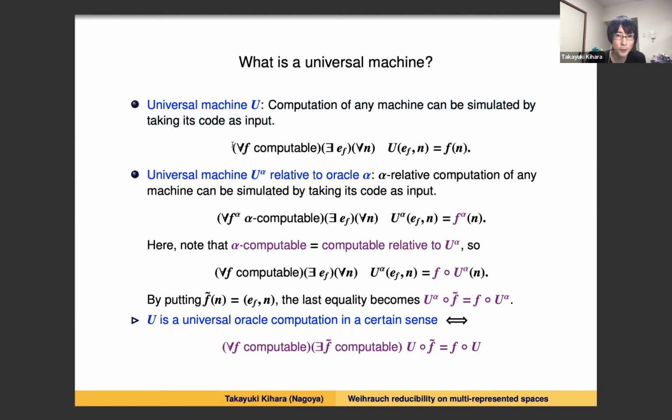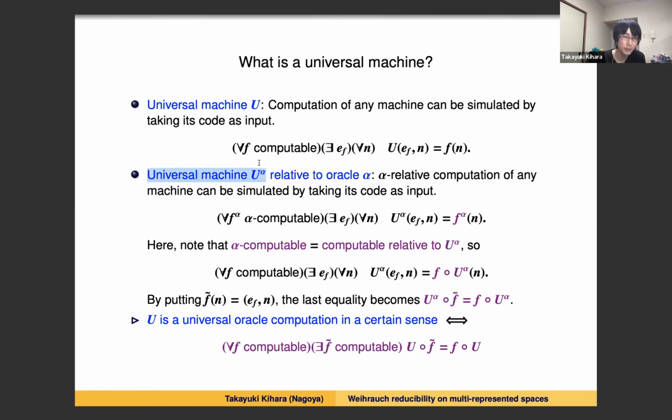Formally, for any computable function F, if we take a code of this function, EF, then you can simulate F if we feed EF, the code of F, to the machine U. This is a property of a universal Turing machine. Of course, this notion can be made relative to any oracle.